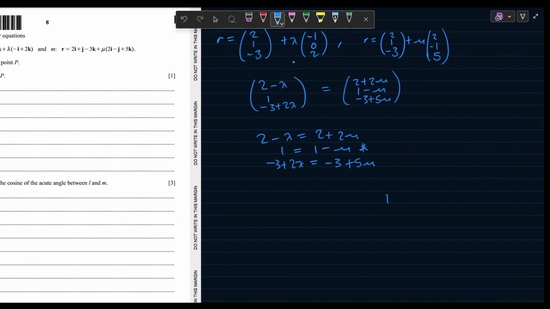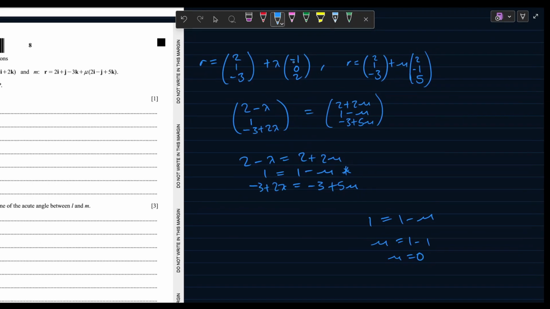So there we'd get 1 equals 1 minus mu, so mu is equal to 1 minus 1, so mu is equal to 0. So we know that at the point of intersection the value of mu is equal to 0, and these are the general coordinates for any point that lies on this line, and obviously the point of intersection is going to lie on that line.